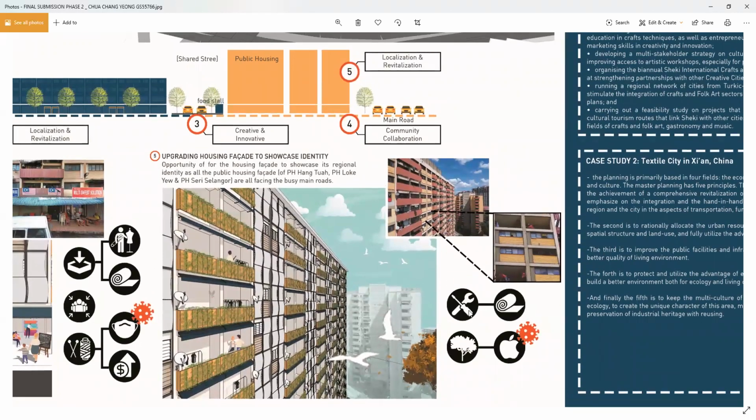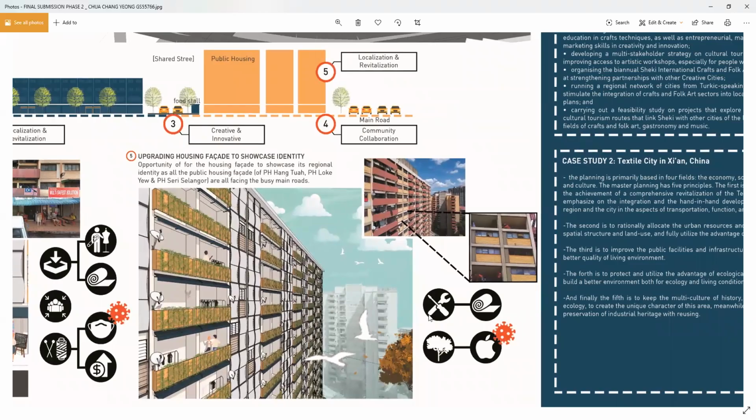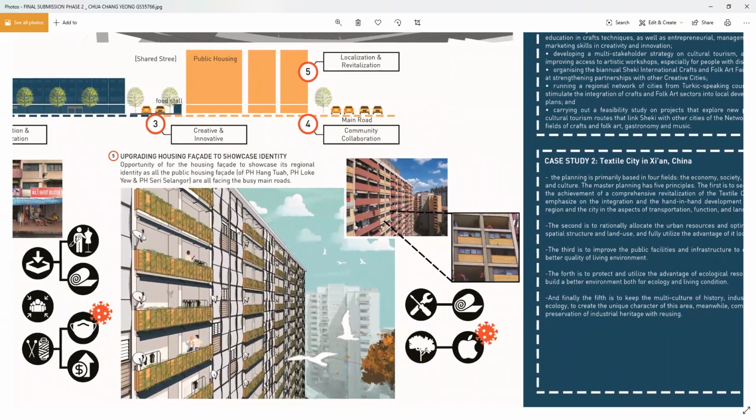So the first icon here shows that we could actually improve the performance of the facade by implementing something related to the garment industry, and then the textile could be something to filter the noise pollution.